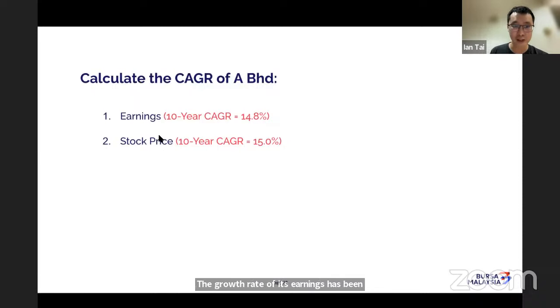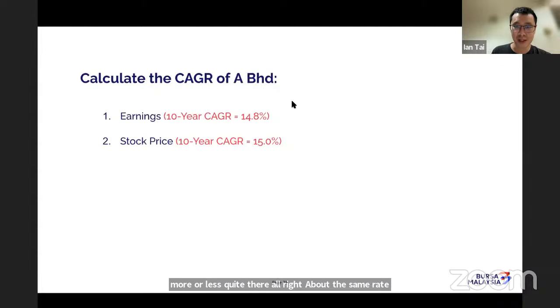Or you could say vice versa, that the rate the stock price has been growing for the past 10 years, which is 15%, reflected the earnings growth over the past 10 years. Because 14.8% and 15% is more or less about the same rate.